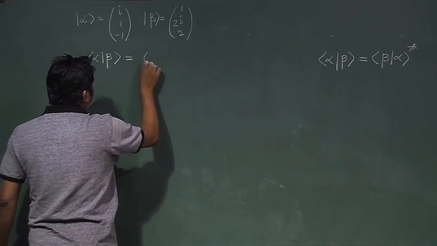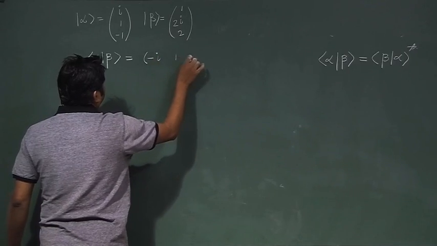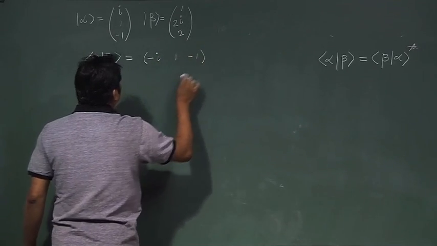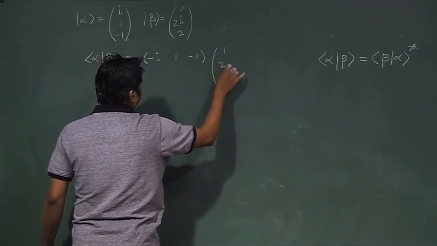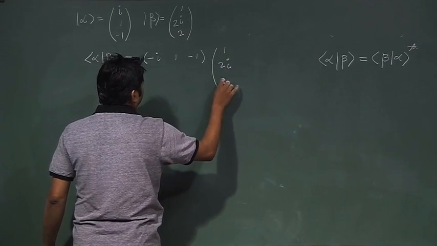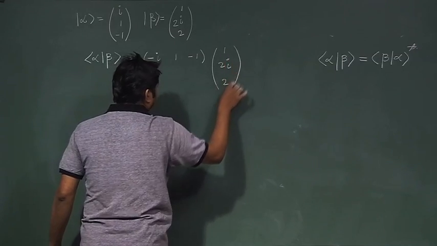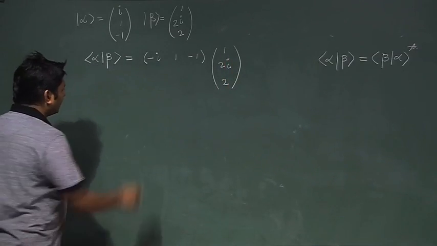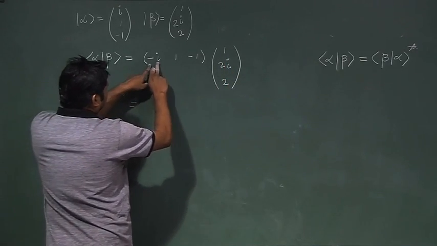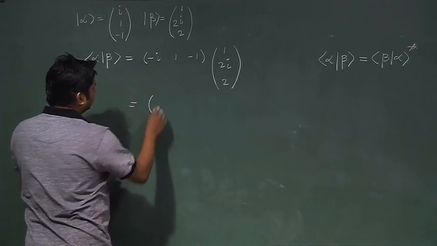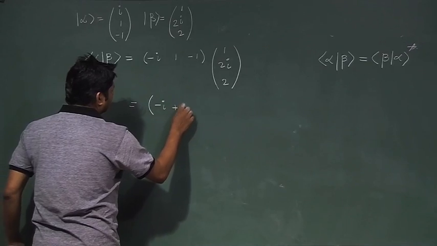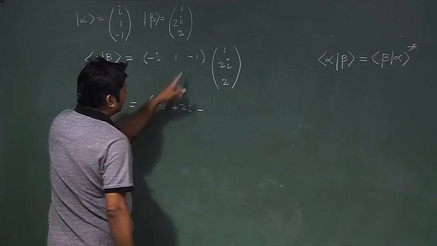Alpha beta will be minus i, 1, minus 1, with 1, 2i, 2. What will be the result here? Let me calculate meticulously. This is minus i, this is plus 2i, and this is minus 2.